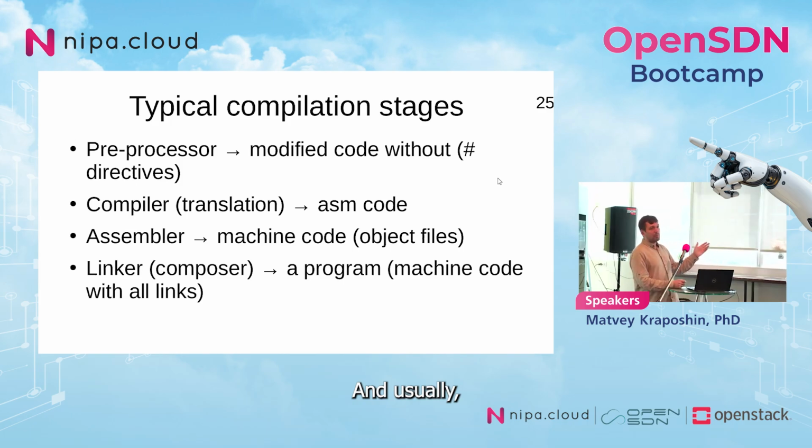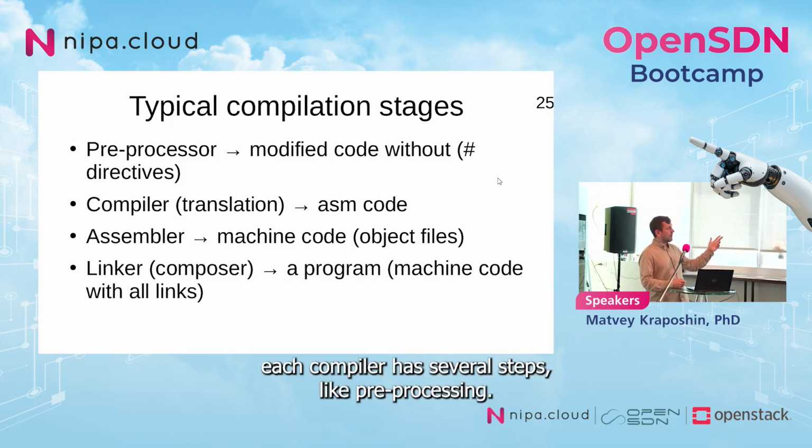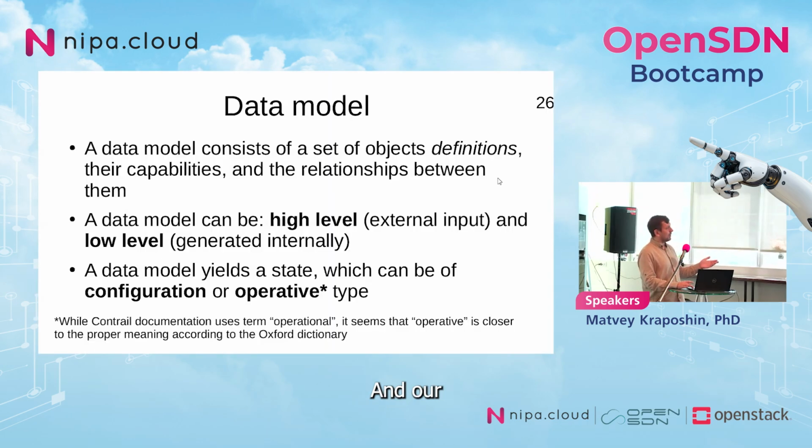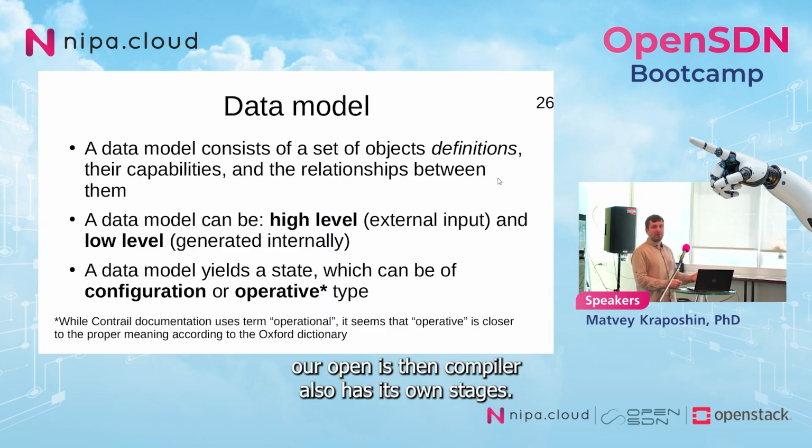And usually each compiler has several steps like pre-processing, translation to object code, and linking. And our OpenSDN compiler also has its own stages.